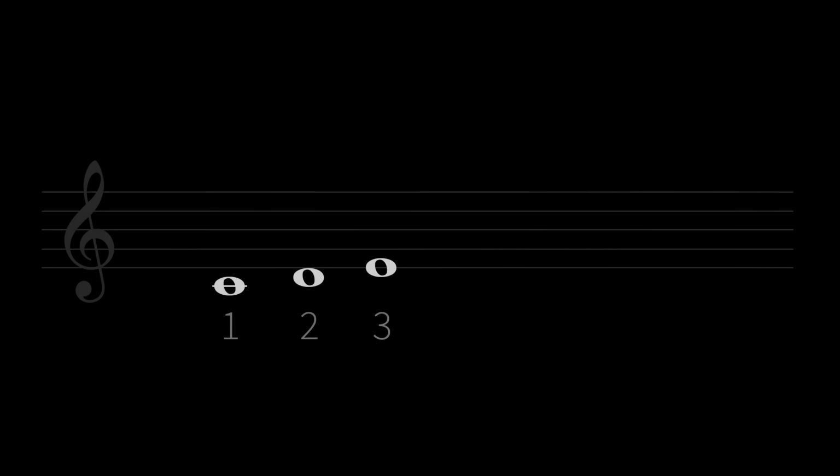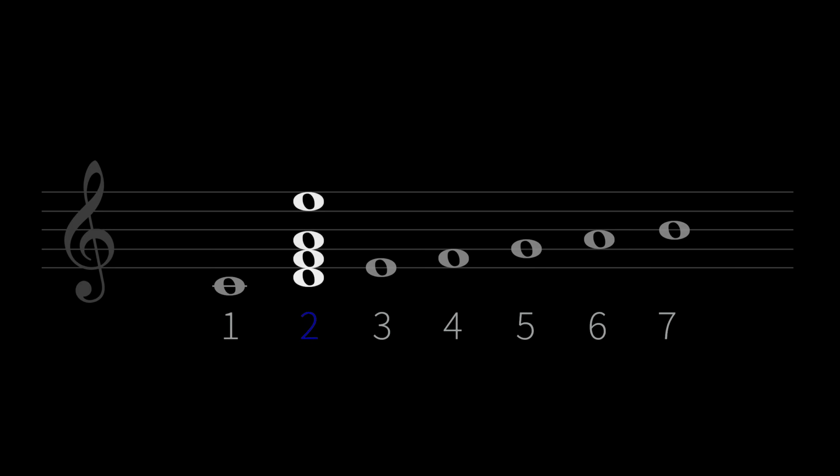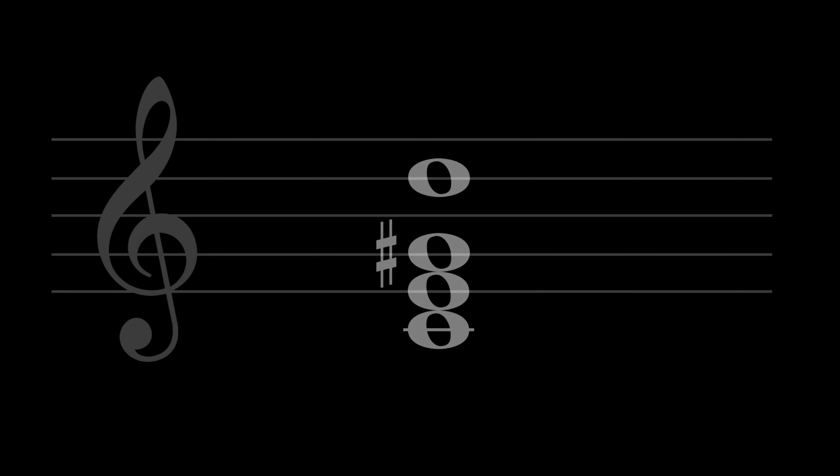There's minor add 9, just darker and more pensive, existing in the major key on 2 and 6. And we can also make augmented add 9, dreamy in a surreal way. And we don't find this anywhere in the major key because there are no augmented triads in the major key.